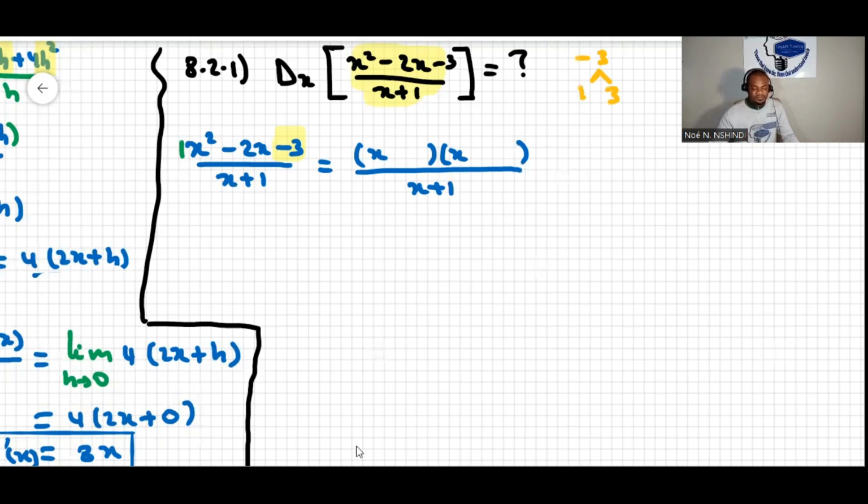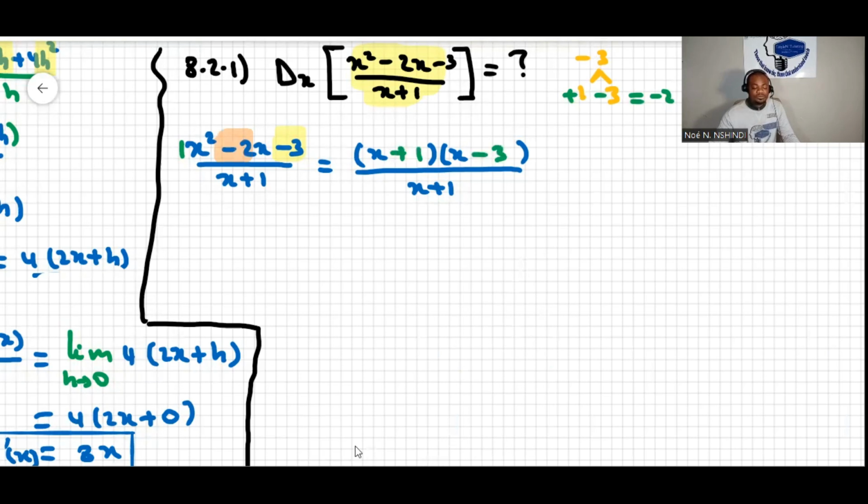When I ask myself how I can get a sum of -2 from the factors of -3, this is possible with +1 and -3, because +1 and -3 make -2, and +1 times -3 makes -3, so we can place in +1 and -3.